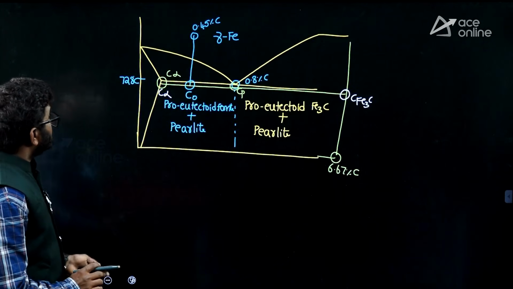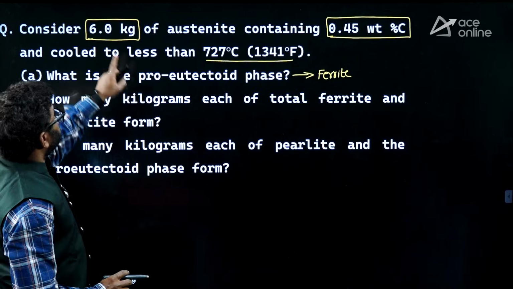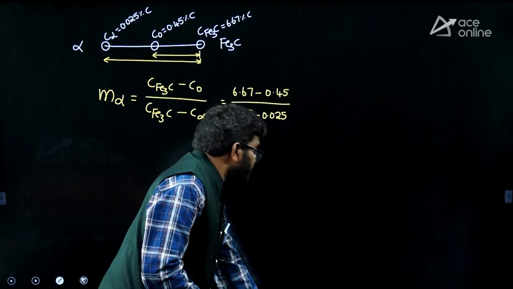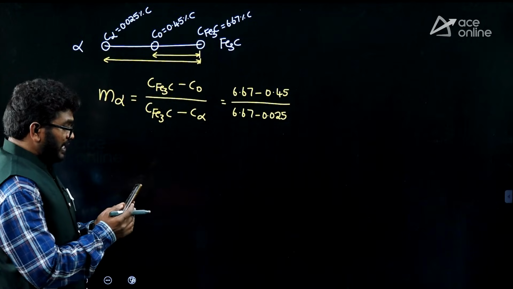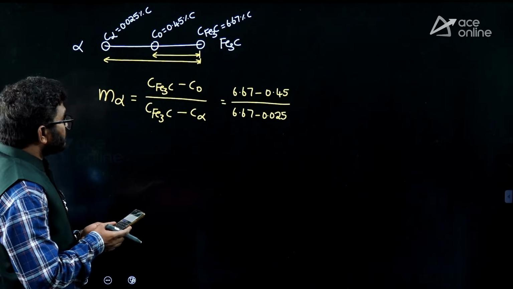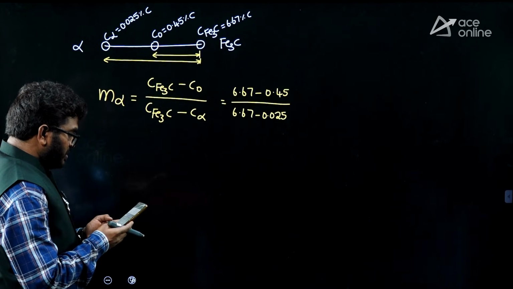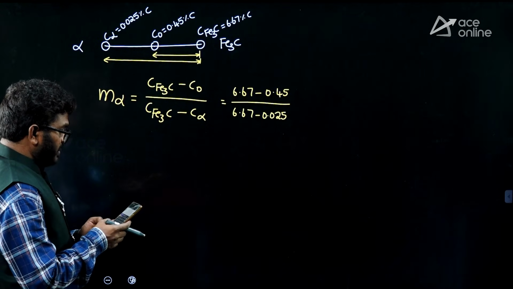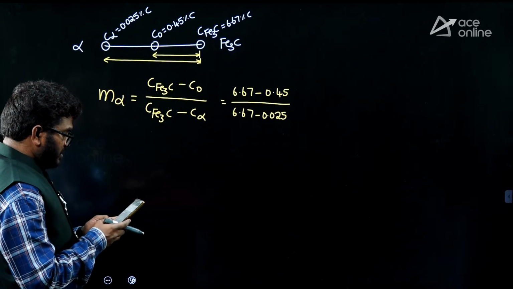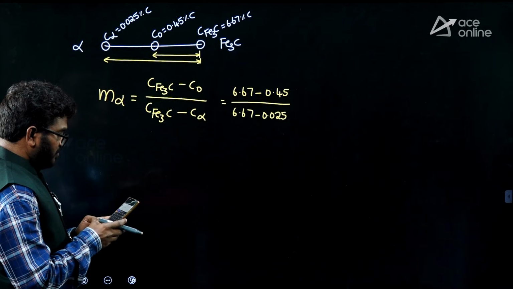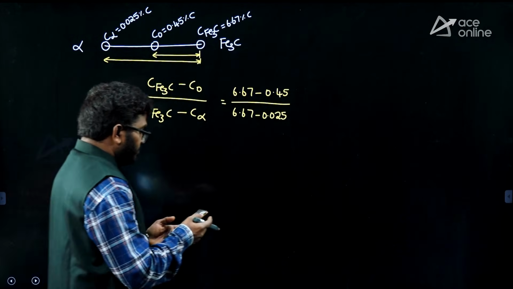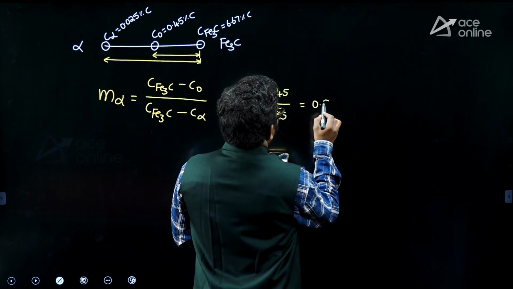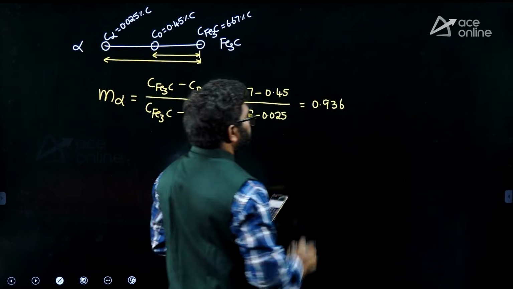But they are not asking for mass fractions. How many kilograms? Total is 6 kg. So first we should calculate this: 6.67 minus 0.45 divided by 6.67 minus 0.025. So we will get alpha as 0.936.